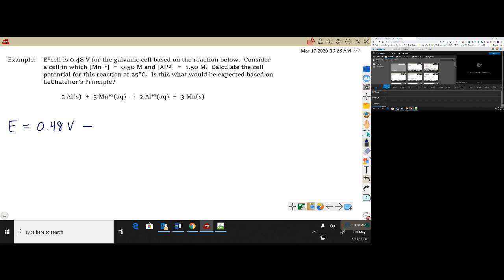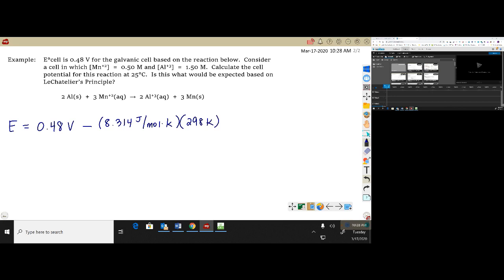Okay, so on the top I've got R, 8.314 joules per mole Kelvin. T is my temperature in Kelvin. So my 25 degrees Celsius will become 298 Kelvin, which, by the way, it's in the packet.